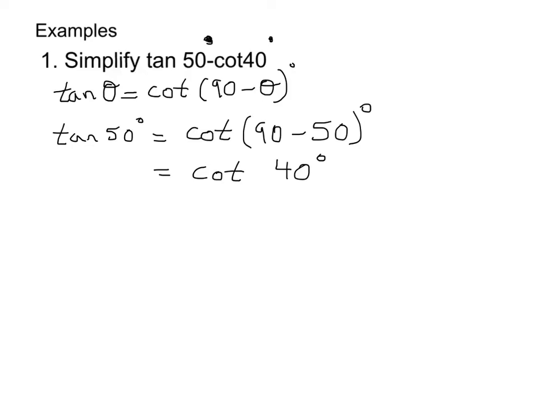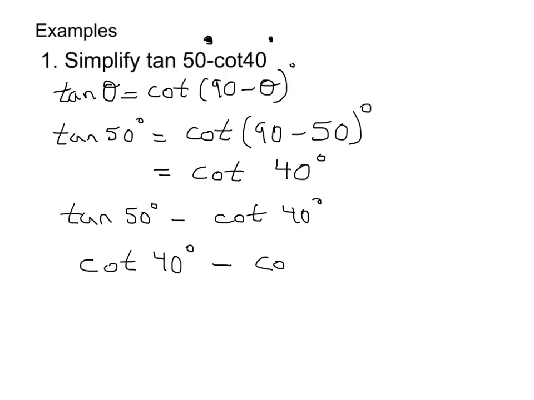So now, going back to the question which said tan 50 minus cot 40, well, now I know that tan 50 is the same as cot 40 minus cot 40. Oh, that's easy. That just equals 0. And that's the answer. Right, so the whole idea here is to either change tan or cot so that you have the same trig ratio throughout the question.